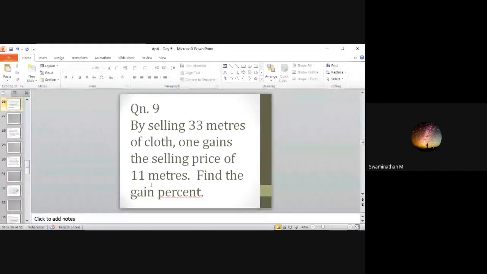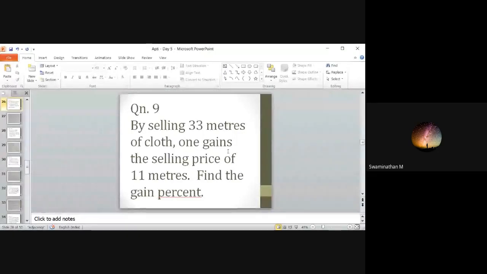So you have to take profit equal to selling price minus cost price. You can assume the price of 1 meter is rupees 1. It's just an assumption. Even that profit is equal to the selling price of 11 meters.